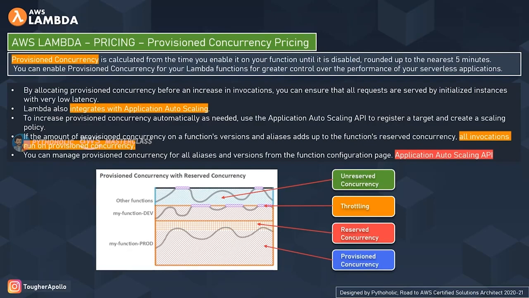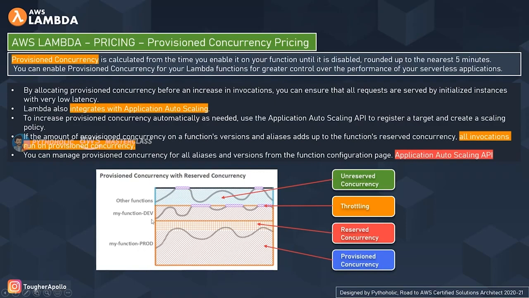Let's check out the working principles here. If you see the example here, both the functions that you see here, my function dev and my function prod, are running on provisioned concurrency and reserved concurrency. But the difference you can see is with my function dev. Here my function dev is using the full pool of reserved concurrency and my function prod is with shared concurrency.